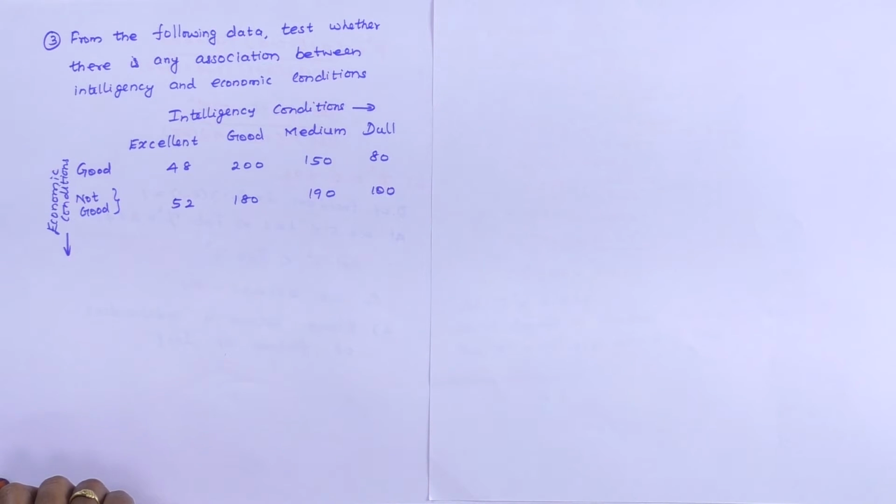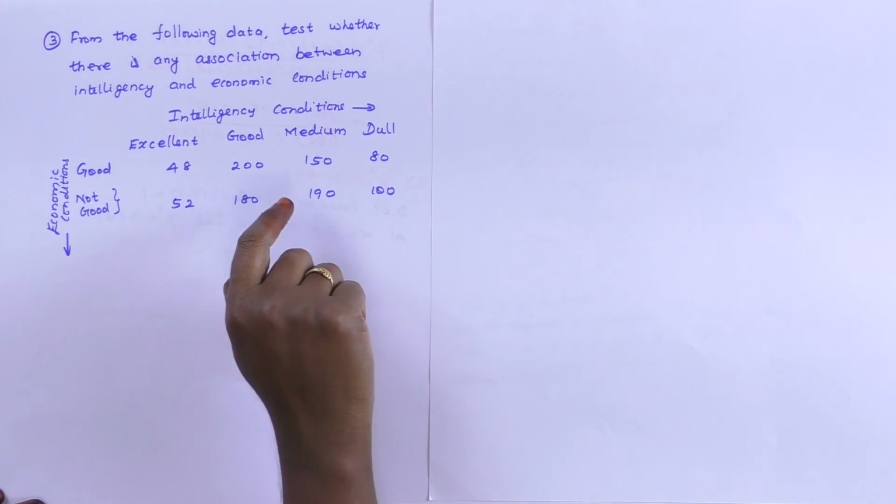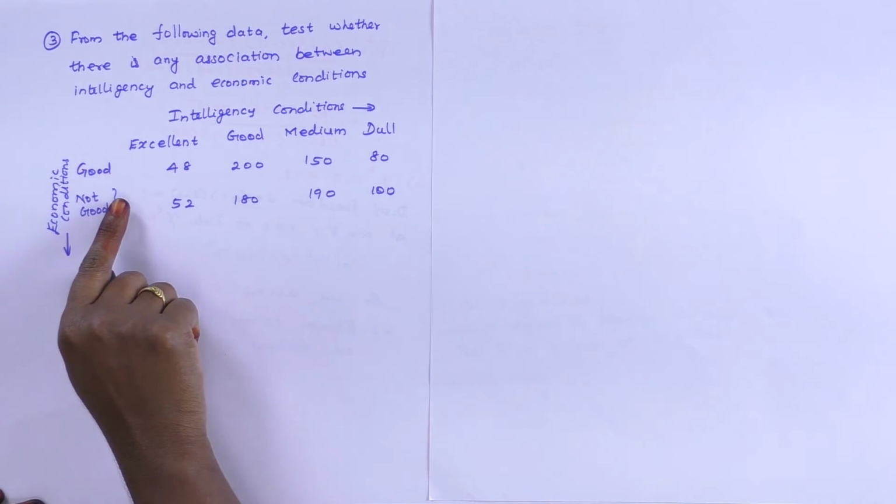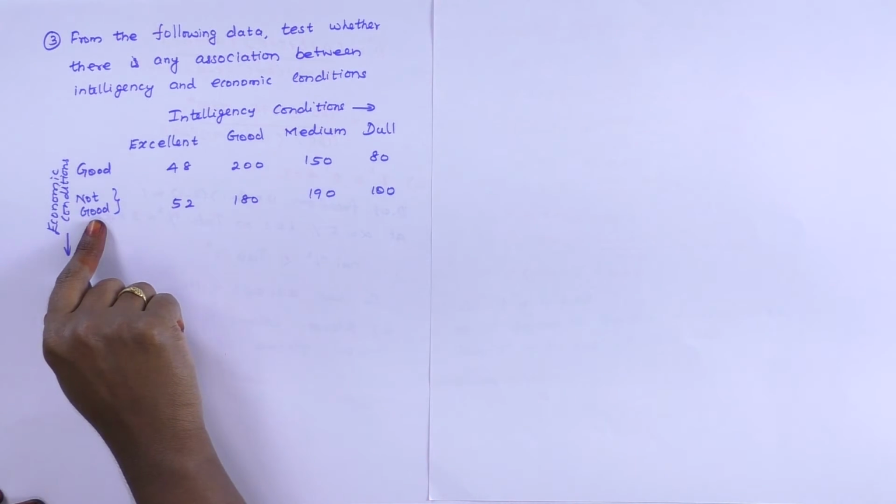Now, another chi-square problem. From the following data, test whether there is any association between intelligence and economic conditions. Column-wise gives the intelligence condition and row-wise gives the economic conditions.